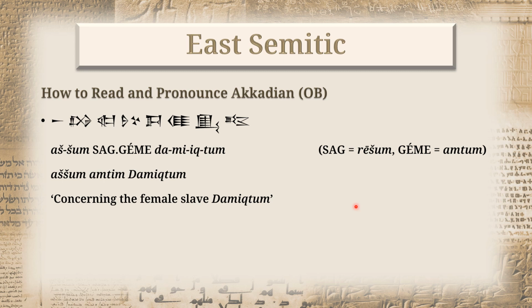And modern Assyriologists as well need to know Akkadian grammar to properly transcribe Akkadian texts in general. So, concerning the female slave, and then there are 4 syllable signs, and that's just the name of that female slave. So, da, mi, ik, tum, damiktum. Okay, that is how cuneiform writing for Akkadian works.